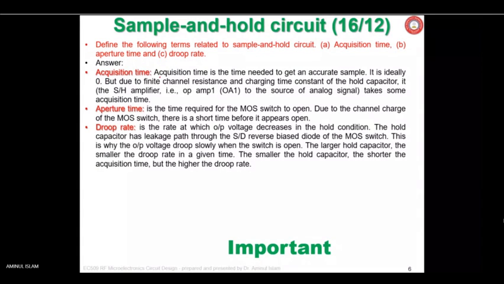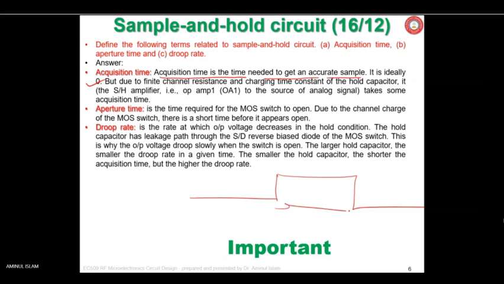Acquisition time is the time required to get an accurate sample. It is ideally 0, but due to finite channel resistance, any MOSFET will be having channel resistance. Current has to flow through this channel, and it is having some channel resistance.